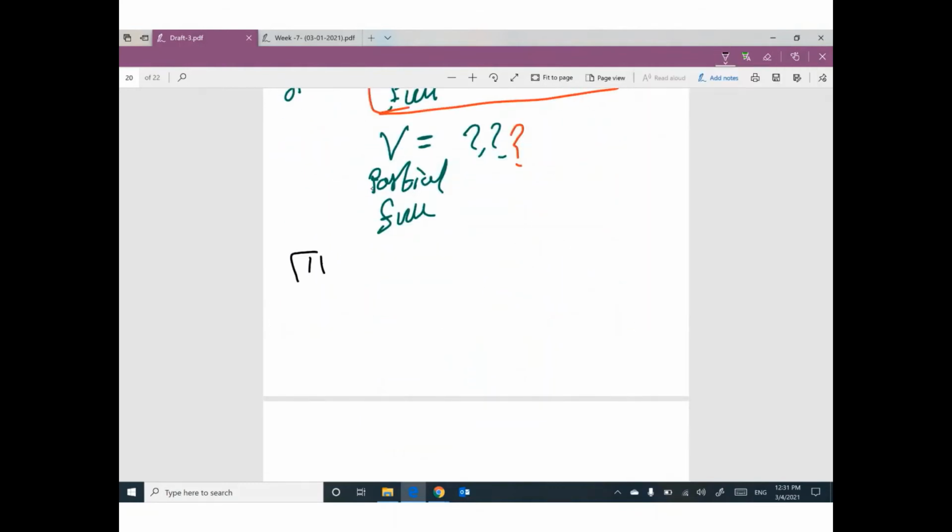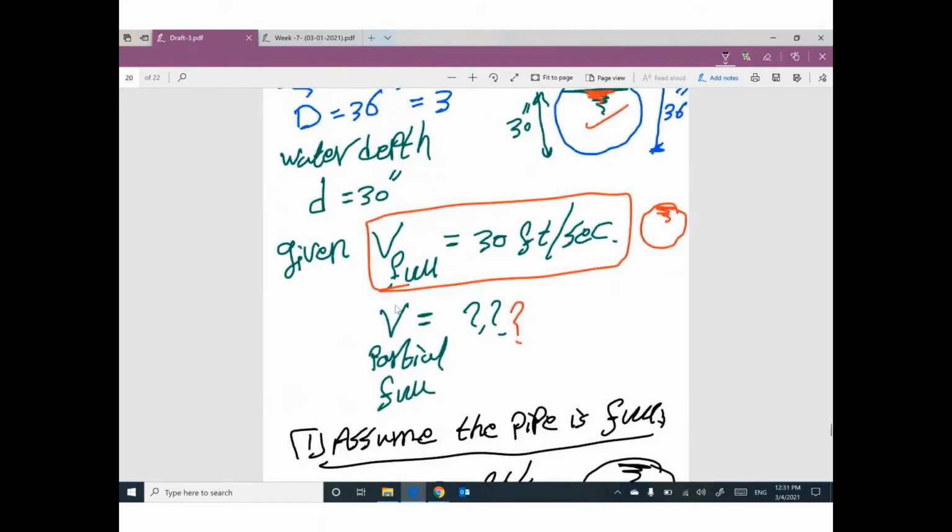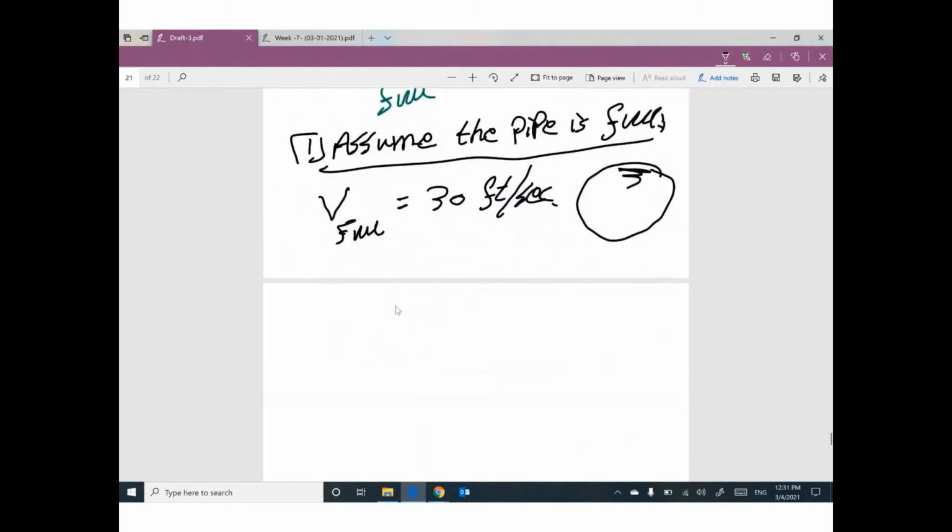First step, assume the pipe is full. So this pipe is full. We don't have more calculation because the full velocity is given, 30 feet per second.